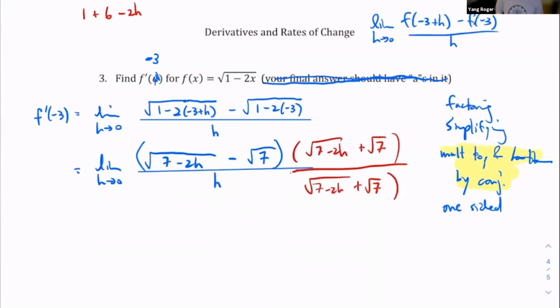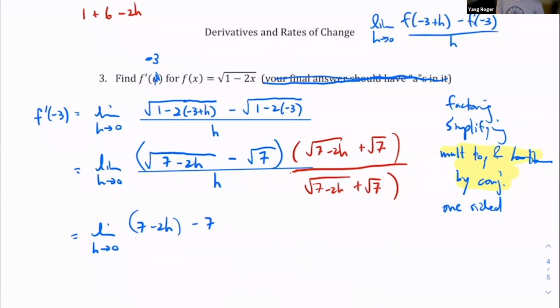As we've discussed multiple times, this is something minus something, and then something plus something. So these two are the same, and these are the same. This numerator is really a difference of two squares. So when you simplify this out, you're going to get the limit as h goes to 0 of 7 minus 2h, then the outside and inside terms cancel each other out, and you get minus 7 when you multiply the last two terms together.